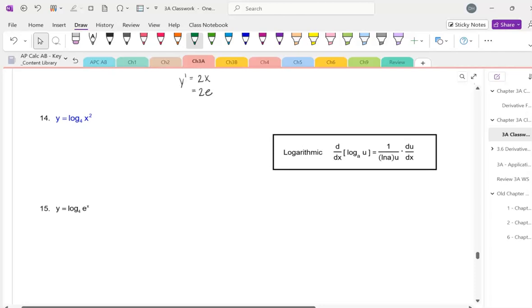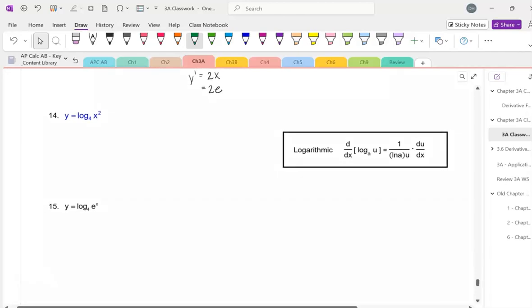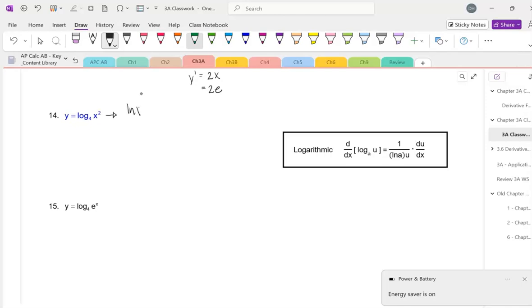To end off, we've got the derivative of just a logarithm. And the easiest way to think about this is to use change of base. So I'm going to change this into natural log x squared divided by natural log 4. And natural log 4 is actually a number. So I'm going to change this even further to, say, 1 over natural log 4 multiplied by natural log of x squared.